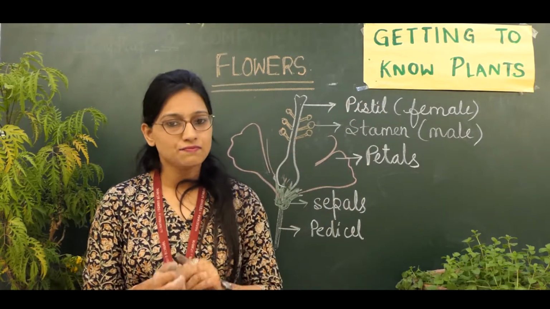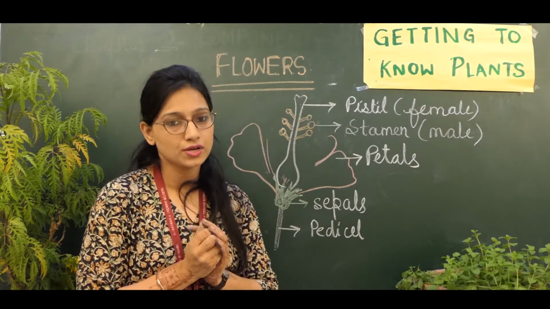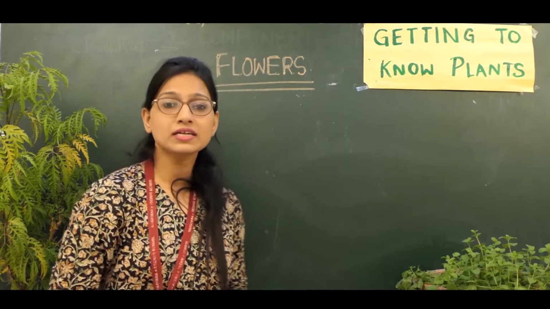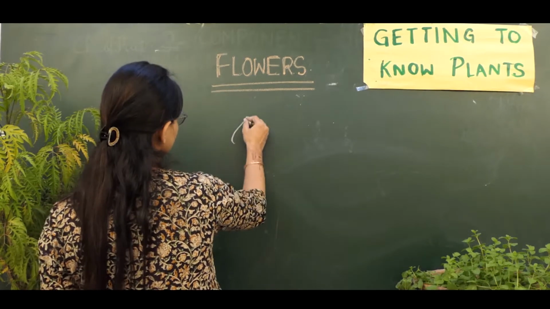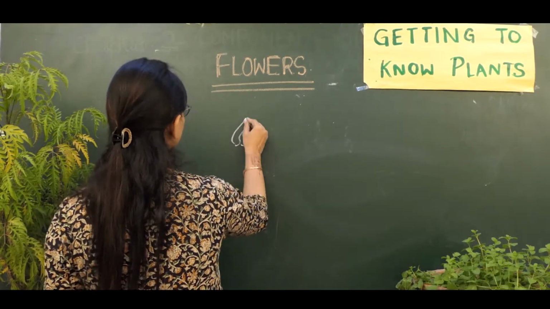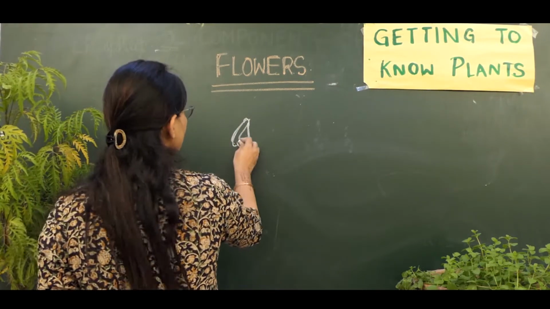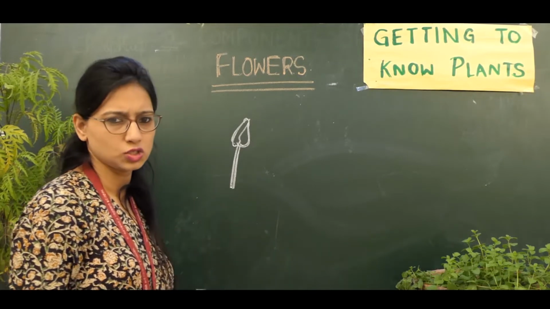The male and the female, the stamen and the pistil, they also have their own structure, which we will look into now. So let's look at the stamen. How does it look? If you look at the stamen, you will see there is a head-like structure which is attached by a thread-like structure.